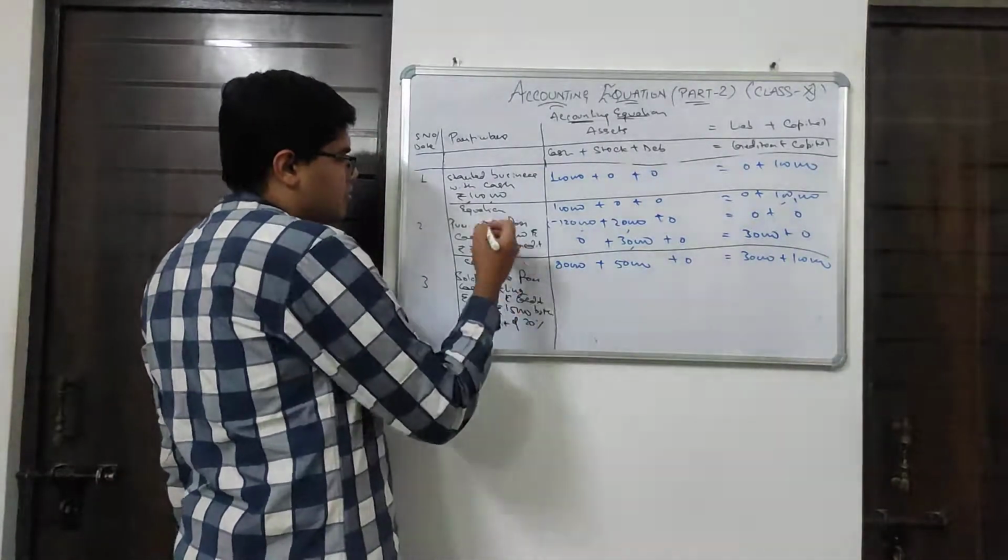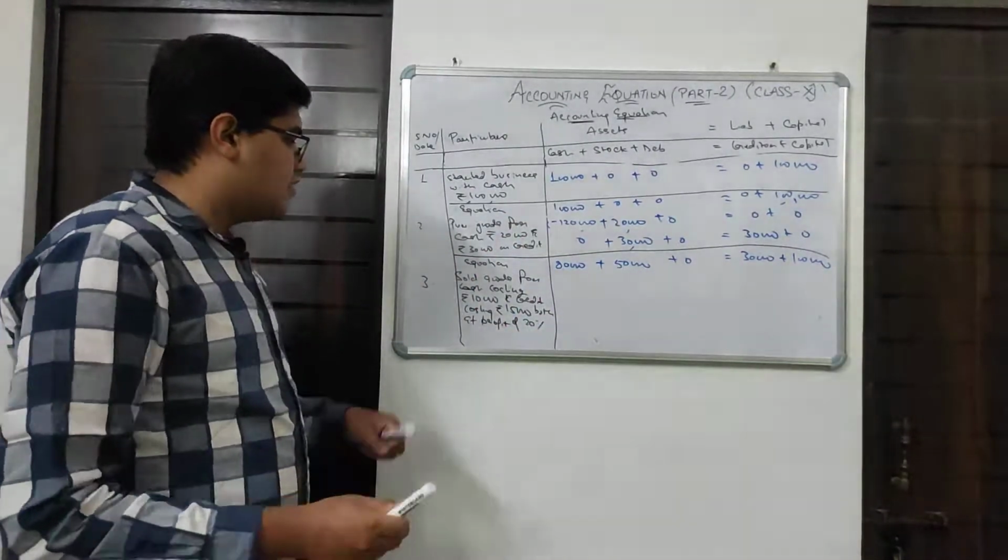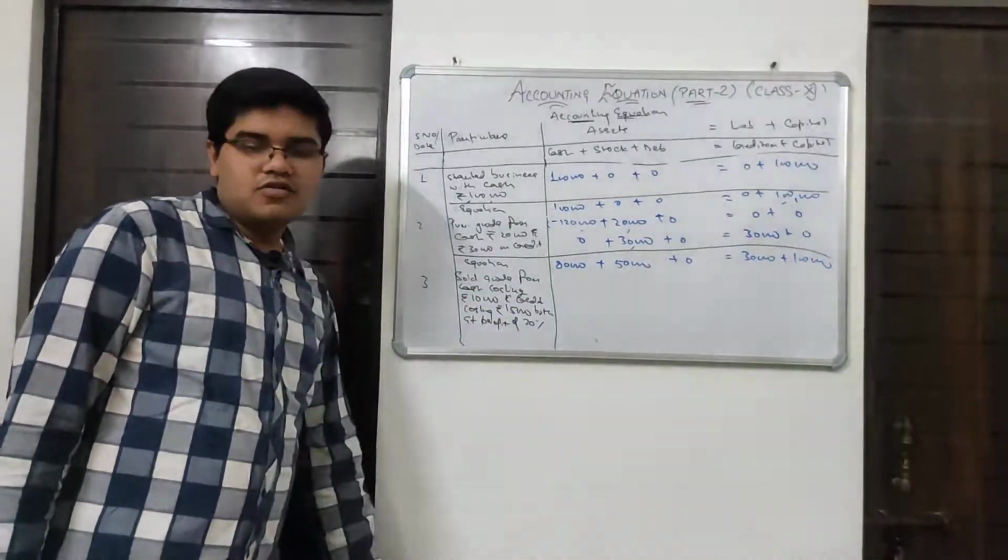This question is just similar to the above one, but you have to remember one thing, that it is given a profit of 20%. Now how to solve this question?